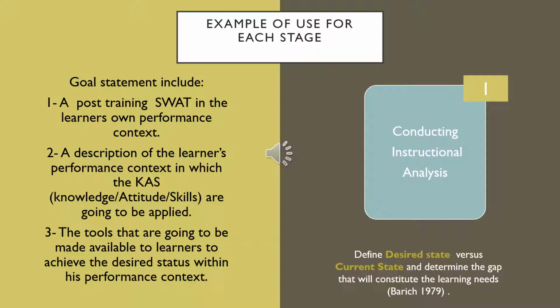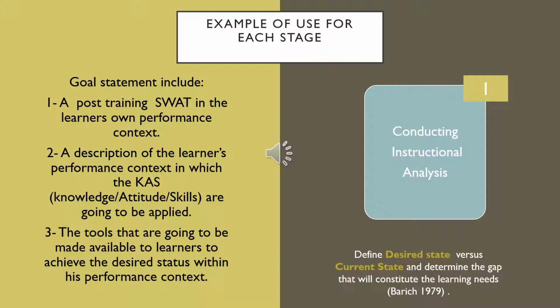Okay, let us look now at the example of usage, and we will take each stage at a time. So the first stage is conducting instructional analysis. So there you are going to really set the desired state and compare it to the current state, and the gap between the desired state and the current state would be the learning needs. So the goal statement may include a post-training SWAT.